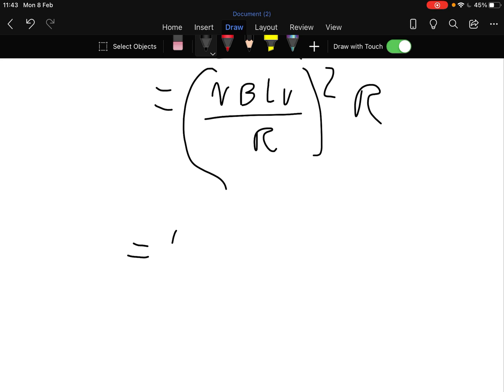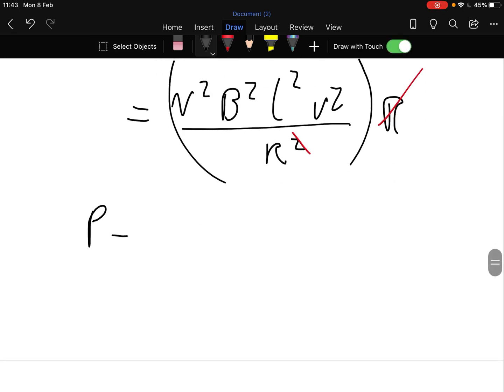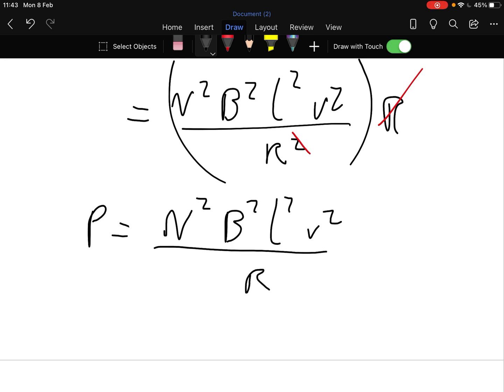So that becomes N squared, B squared, L squared, V squared over R squared, over R, and that R will cancel that. So our power is going to be N squared, B squared, L squared, V squared over R.